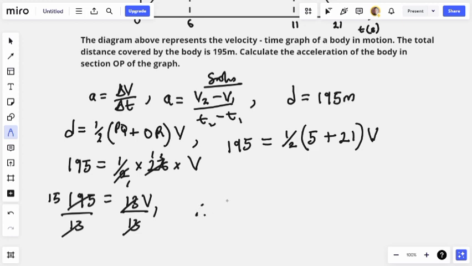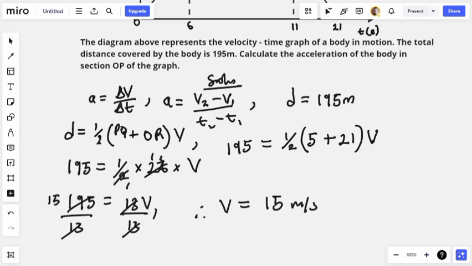So therefore, our maximum velocity equals 15 meters per second. However, we were not asked to find the velocity, we were asked to find the acceleration of the point OP.